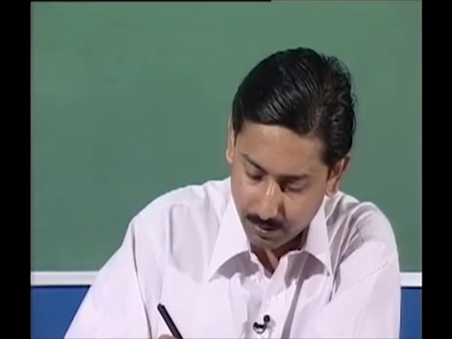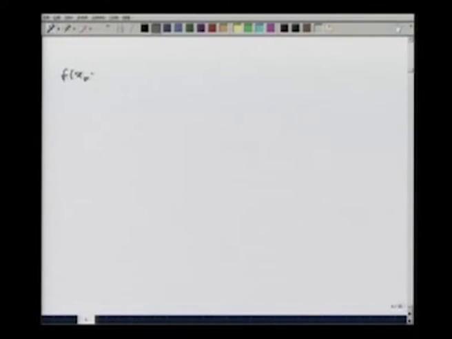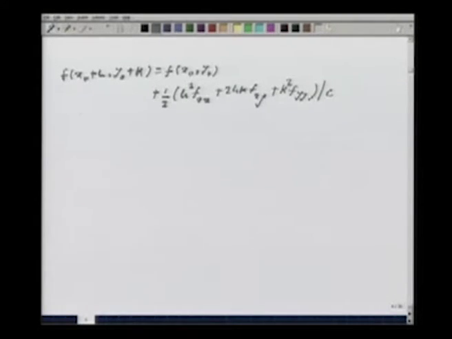That would give me that f of (x naught plus h, y naught plus k) is equal to f of (x naught, y naught) plus half h square fxx plus twice hk fxy plus k square fyy at a point C, where C is the point... okay.